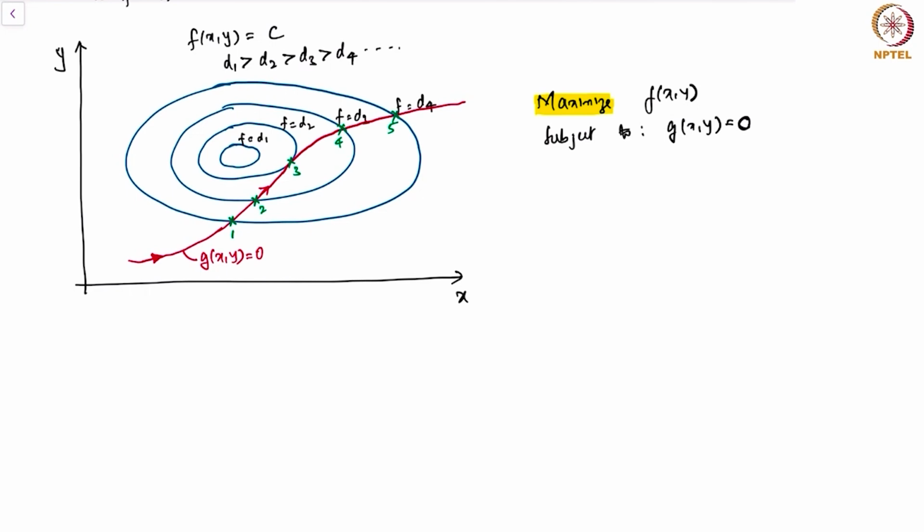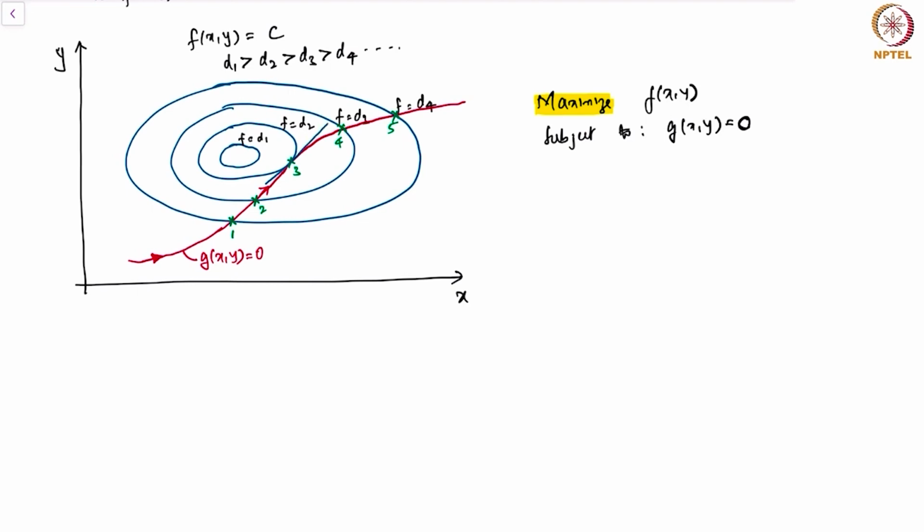This will happen when the contour curve of f and the constraint curve barely touch each other, which means that they have a common tangent. I'll show the common tangent with a blue curve. This is my common tangent.